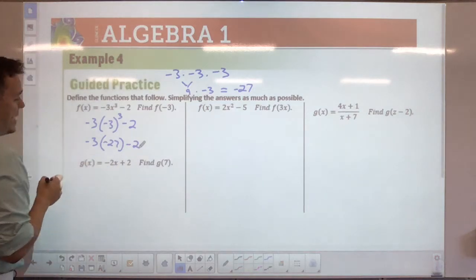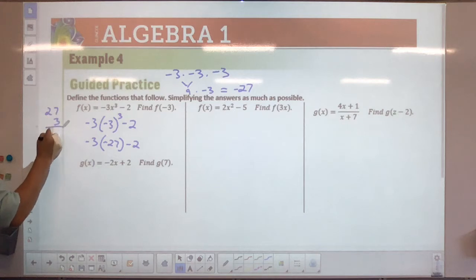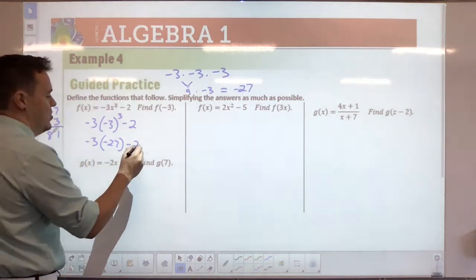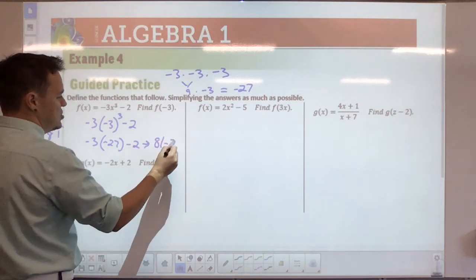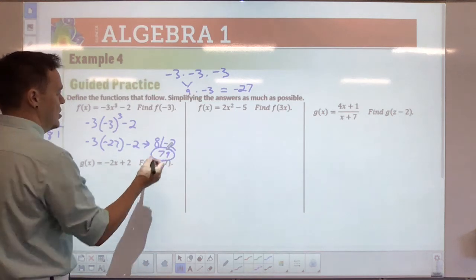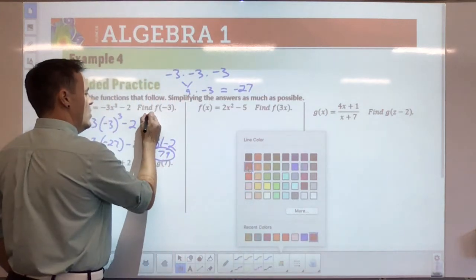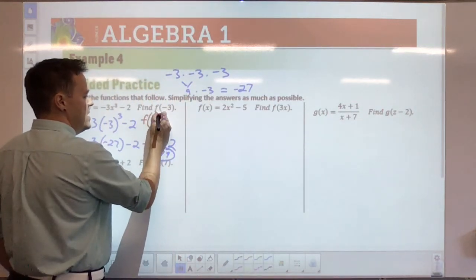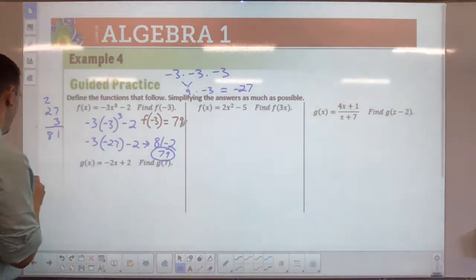Okay, and then you would do your math on this, and it would come out to be, let me see, I don't have a calculator on me. That's 81 positive. All right, so this ends up being 81 minus 2, or 79 is your answer, right? So remember what it would actually be written out as. You would go f of -3 equals 79. All right, hopefully you guys got that.